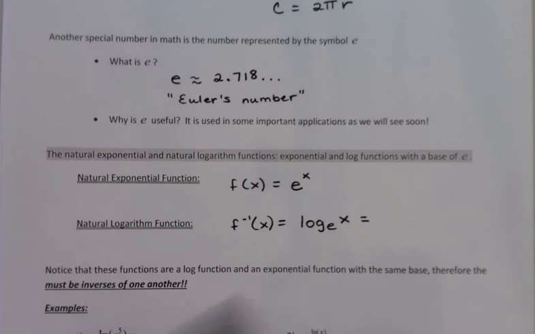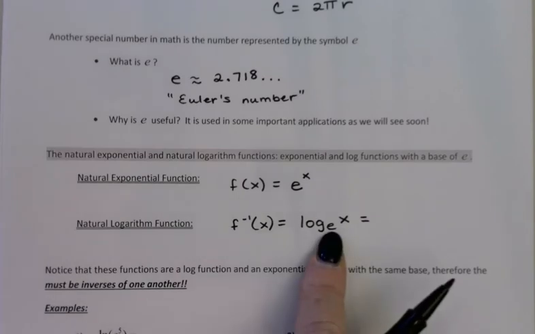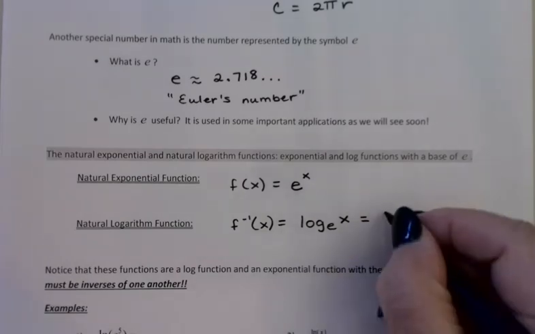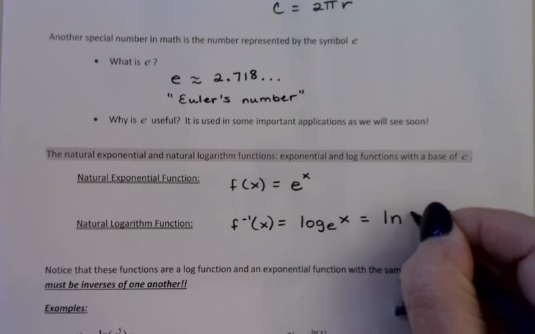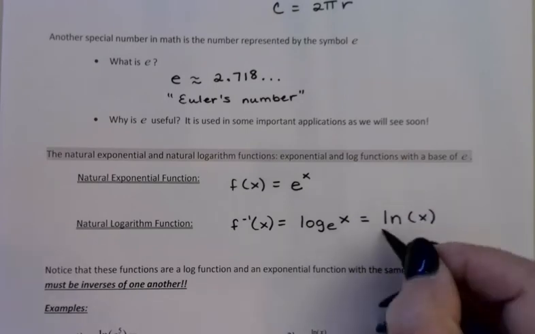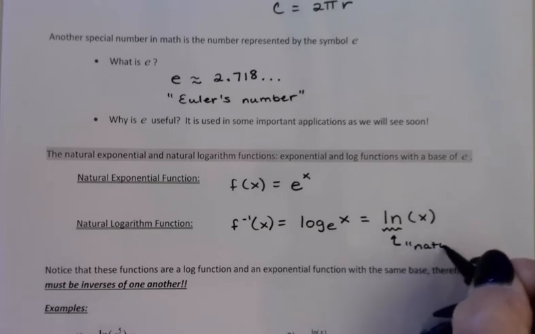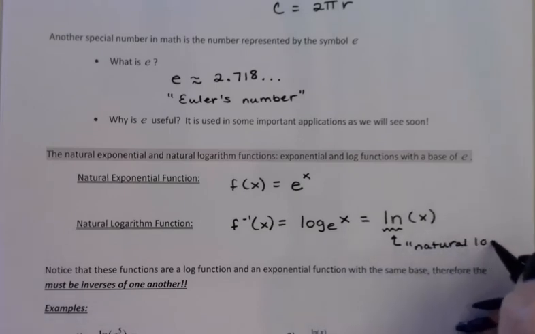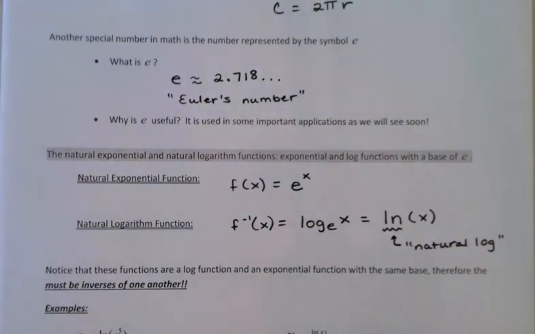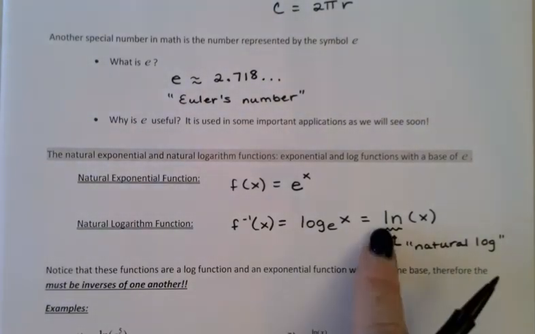And that actually looks really weird to me because we never really write it as the log base e. We write it as ln of x, where the ln stands for natural logarithm. It is an L, not a capital I. I know they look the same in print, so be careful when you type into MyMathLab.